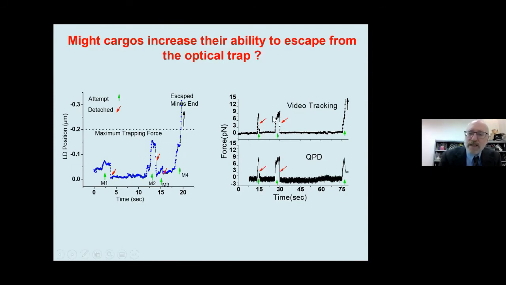If you look at individual attempts, here's the first attempt at around 15 seconds, and it was a pretty short attempt, and it fell off. And the second attempt was significantly longer, and then it eventually escapes afterwards. And so we started having this idea that maybe their ability to escape from the optical trap evolves.